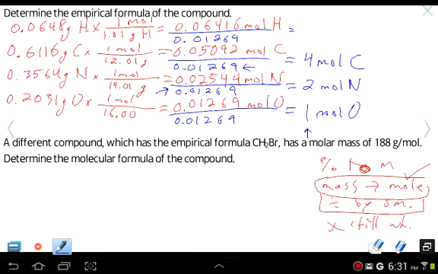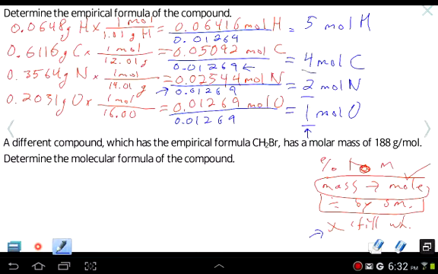And then finally, this one looks like it's probably going to be roughly 5 or 6. Let's go ahead and divide the hydrogen as well. 0.06416 over 0.01269. This one gives us 5 moles of hydrogen. Now, you did not have to use the last step because all of the numbers are whole.